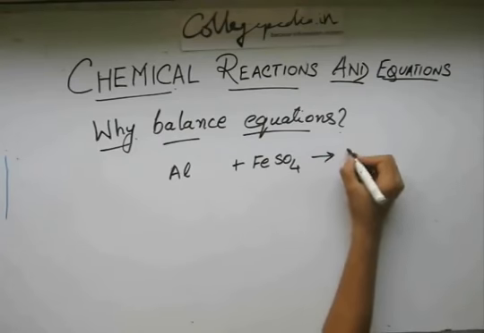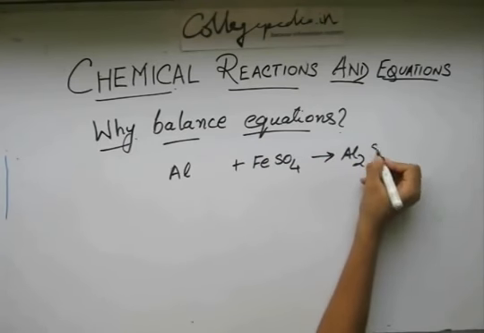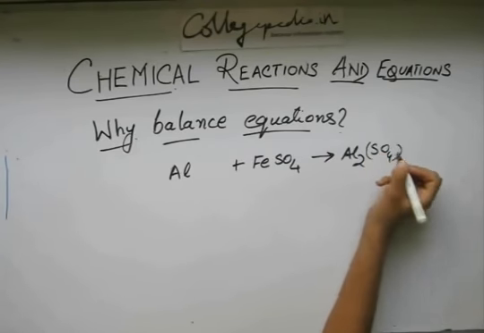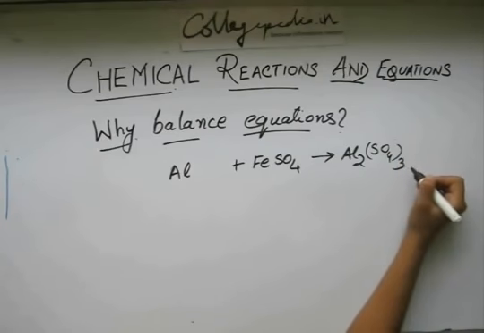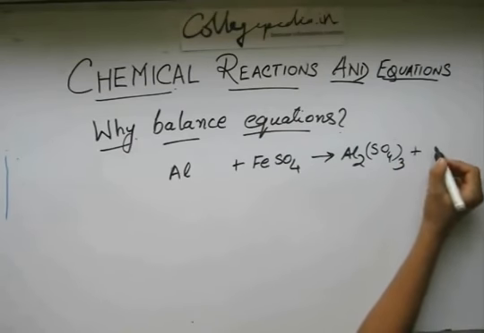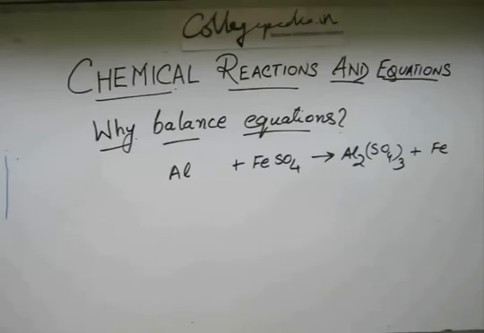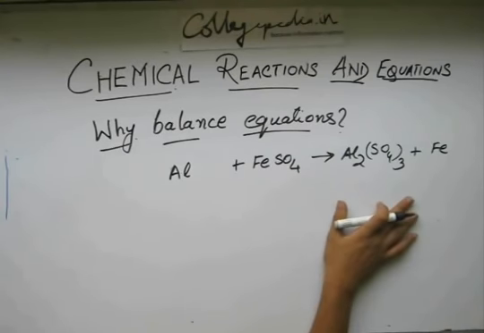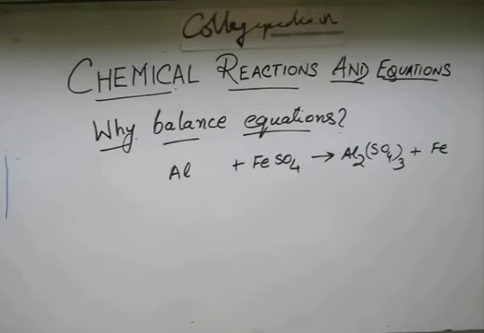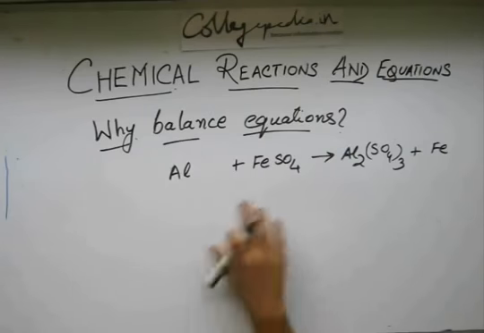It'll give Al2SO4 whole thrice, this is aluminium sulfate, plus Fe. We'll talk about these type of reactions later on. Just now, for the time being, we'll balance the reaction.